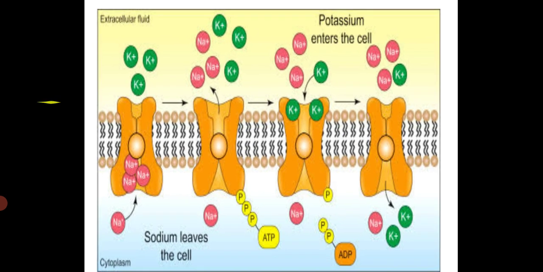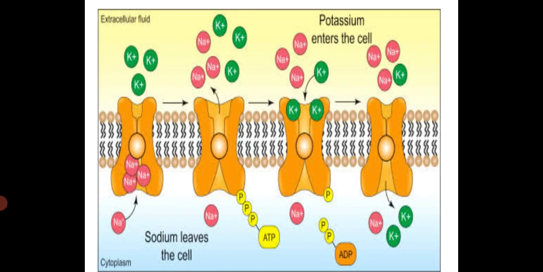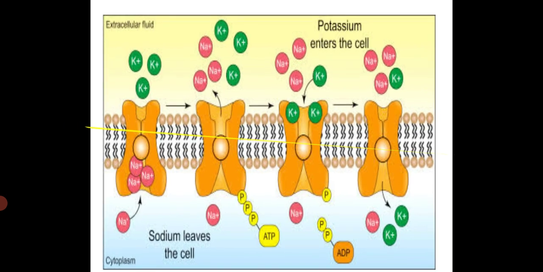This is about the sodium-potassium pump. A sodium-potassium pump is located in the cell membrane of a eukaryotic cell. The 3 sodium ions are on the cytoplasmic side of the pump. 3 sodium ions get exported out when 1 ATP gets hydrolyzed. For this, energy is required.